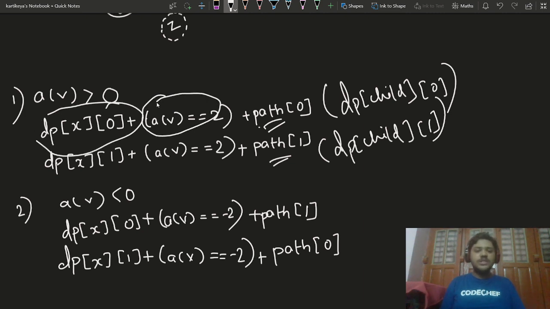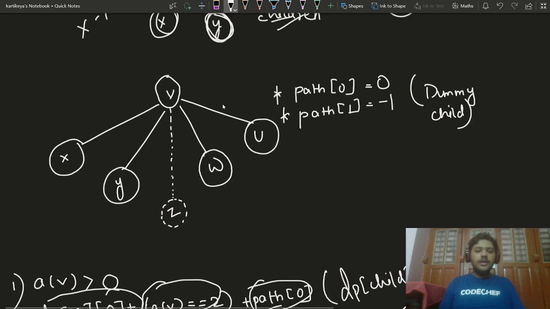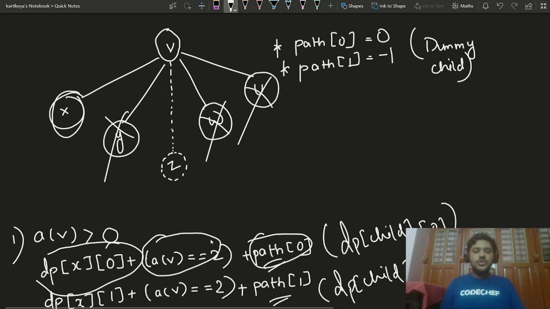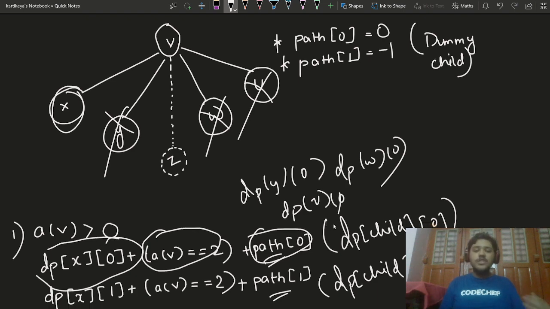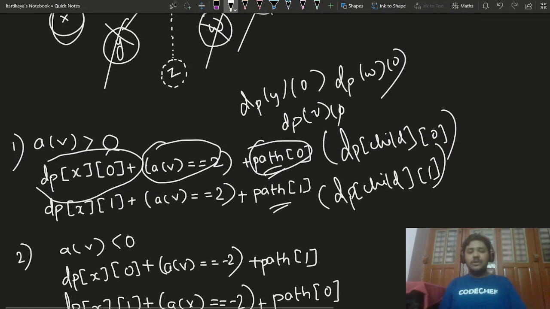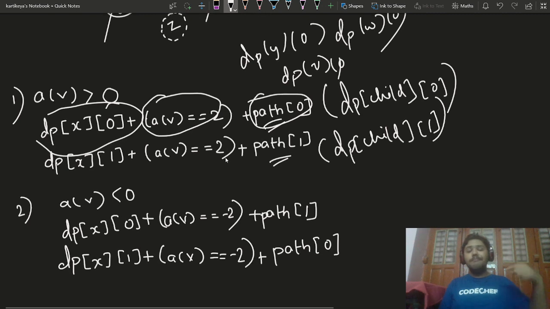I then just add one more power of 2 and take a positive path from all the nodes which have been processed before x. Suppose x is processed last, y has been processed, w has been processed, u has been processed. Path of 0 stores the maximum of dp y0, dp w0, and dp u0, because it is always optimal to take the maximal value.